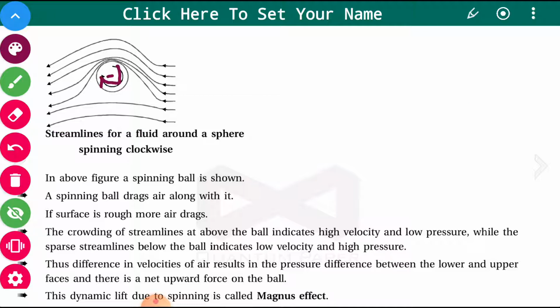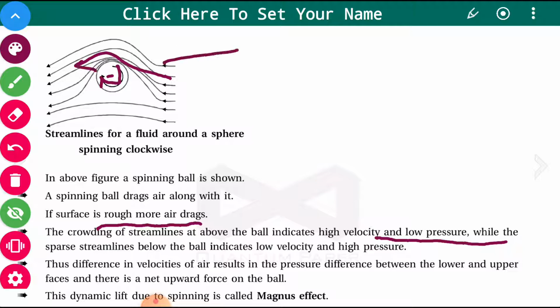Okay. A spinning ball drags air along with it. If the surface is rough, more air is dragged. The crowding of streamlines above the ball indicates high velocity and low pressure. So here the streamlines are crowded.